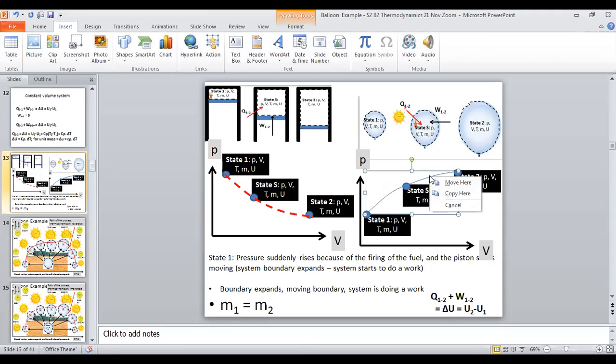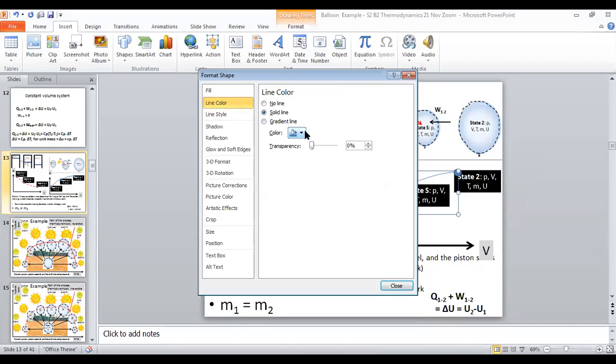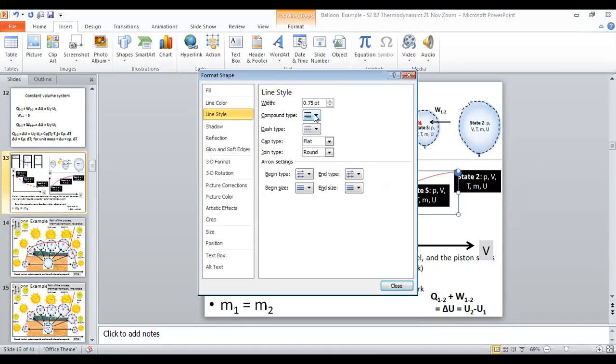Like this. Line color I will put red, line style continuous.